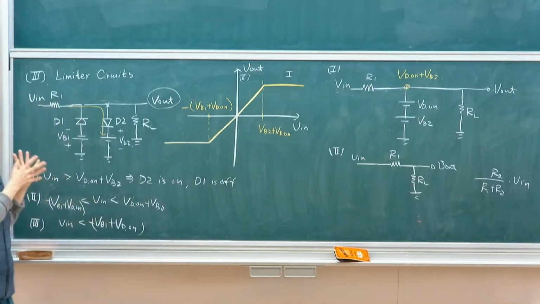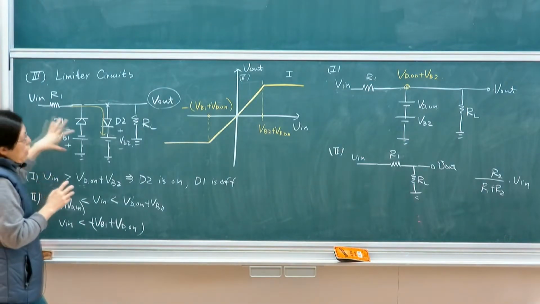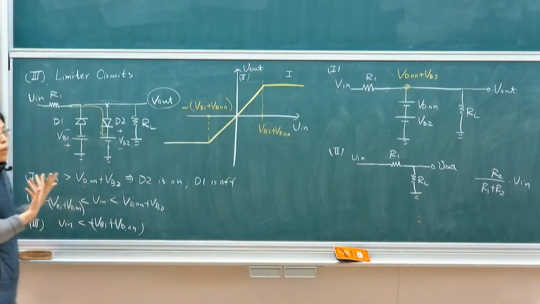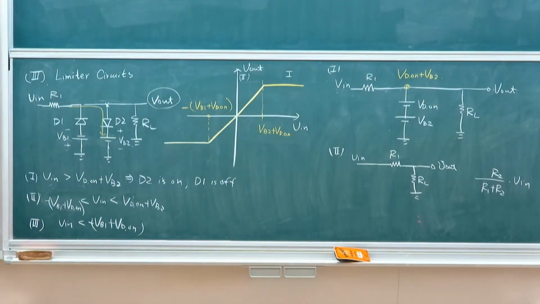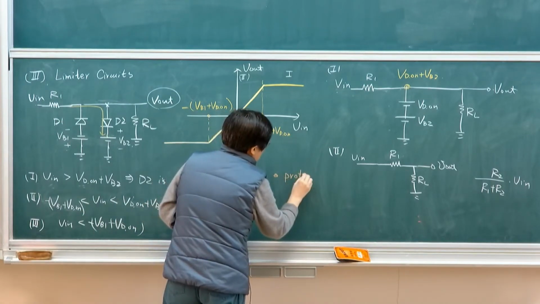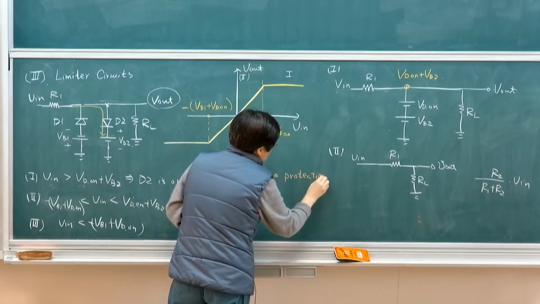Typically, this is very, very common in integrated circuits. You have more like the protecting circuit, because when there's a large signal coming in, you want to make sure that it's limited within the region where it's safe to the circuit. So it's very, very commonly used in protection circuits.